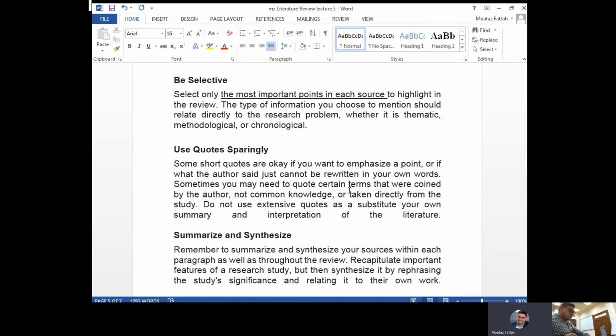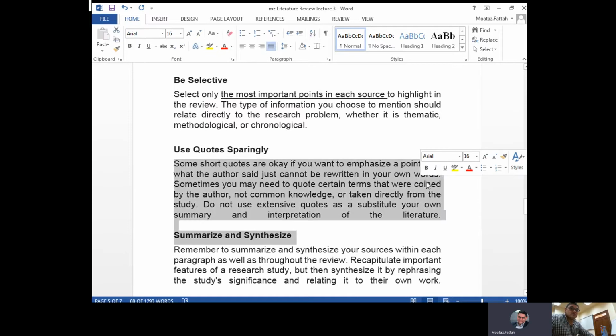Petrodollar is a concept that was not widely used before 1973. So who coined it? I need to know who said that and in what context, and why they coined a new term, why the previous terms were not enough. So I need not common knowledge or taken from the study. That's why I want you to quote only when quoting adds something.